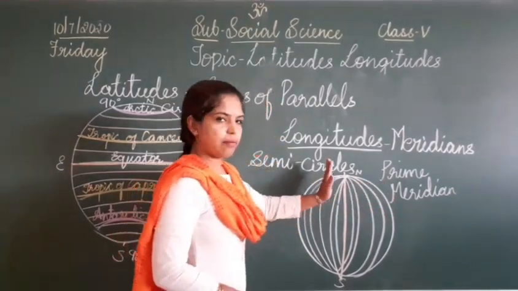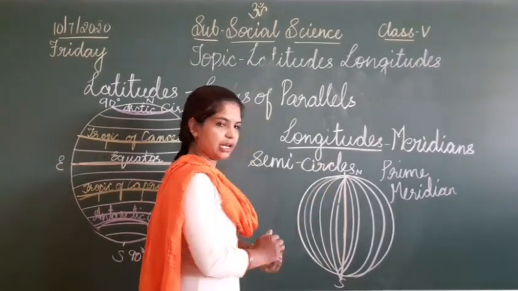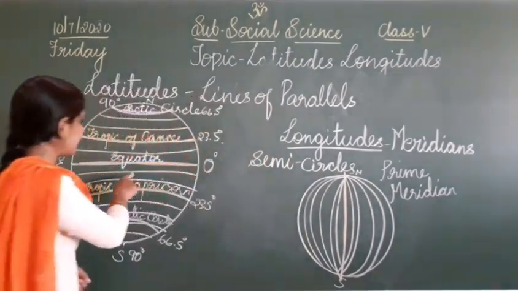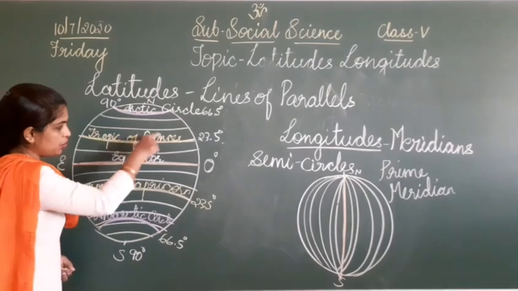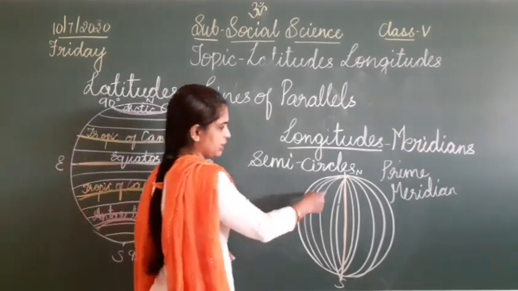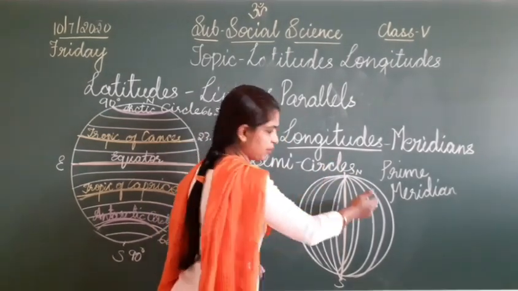So, this prime meridian divides the earth vertically into two equal hemispheres. Equator was dividing the earth into two equal hemispheres horizontally. Here, prime meridian is dividing the earth vertically into two hemispheres.